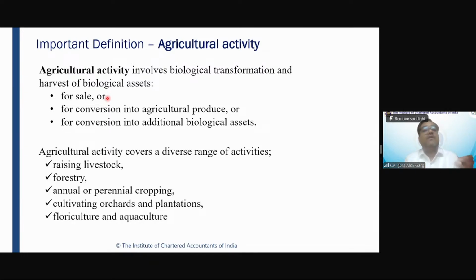Or for conversion into additional biological assets, the cow gives birth to a calf, or the farm where hens are giving eggs. So they are breeding. These are known as agricultural activity. It covers raising livestock, forestry, annual or perennial cropping, cultivating orchards, plantation, floriculture, aquaculture.